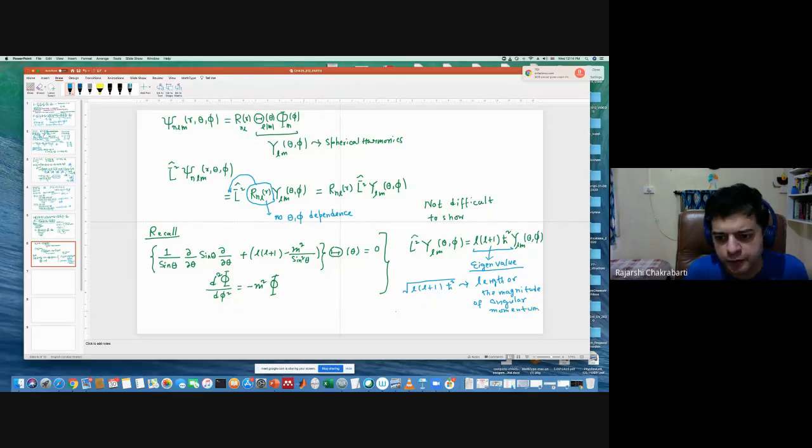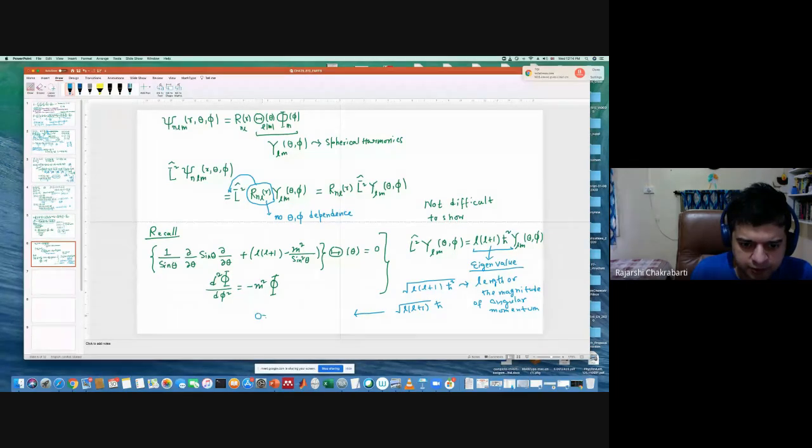So what is this? This is root over L(L+1) times ħ. And these are actually the values of orbital angular momentum.